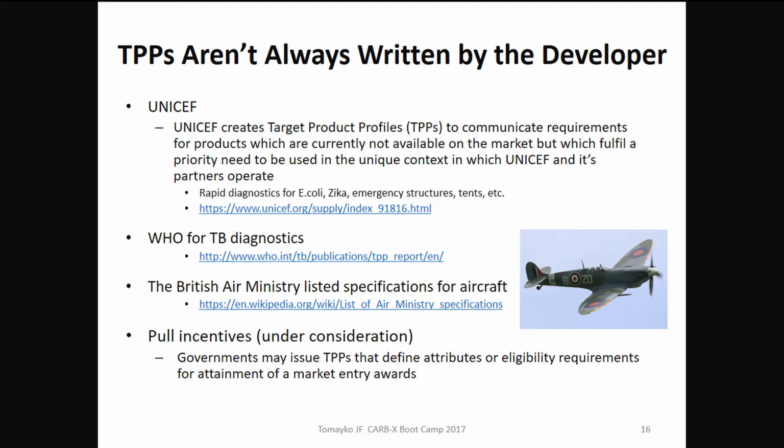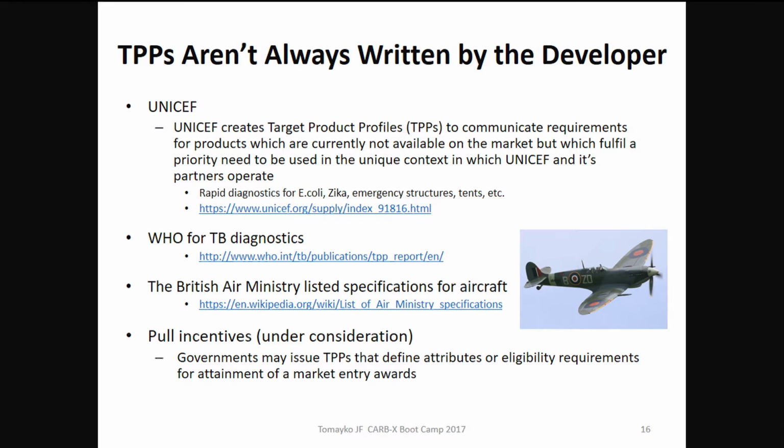They're for rapid diagnostics, for E. coli or Zika, or for emergency structures or certain types of tents that they could use to house their staff that gets deployed to remote regions. WHO has one for tuberculosis diagnostics. In fact, if you go back to pre-World War II, the British Air Ministry listed specifications for a warplane, and it yielded the famous Spitfire.